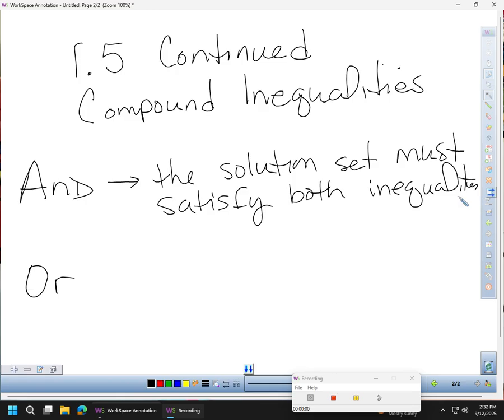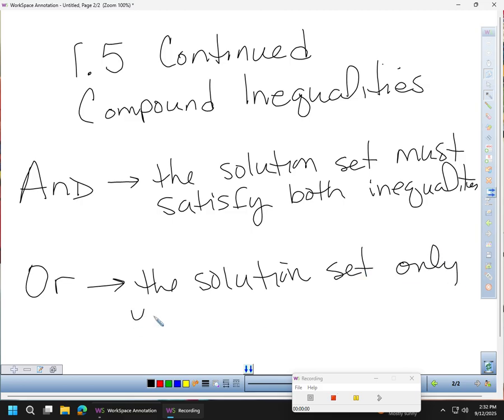Okay? If it's an or problem, the solution set only works for one of them.